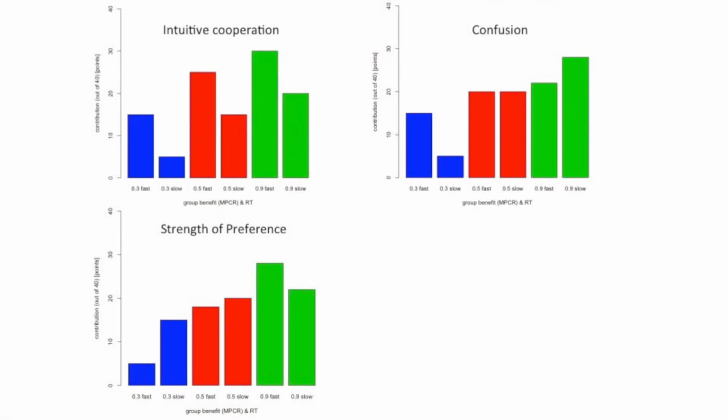So the prediction there would be when you have a pretty bad public good, the MPCR of 0.3, subjects who decide quickly, they're the ones making mistakes, so they should contribute more. That should push their contribution rates up towards 50%. So the subjects who think it through don't give much. The subjects who think quickly, they contribute more. On the other hand, for an MPCR of 0.9, I think most of us would agree that subjects probably should be contributing in that game.